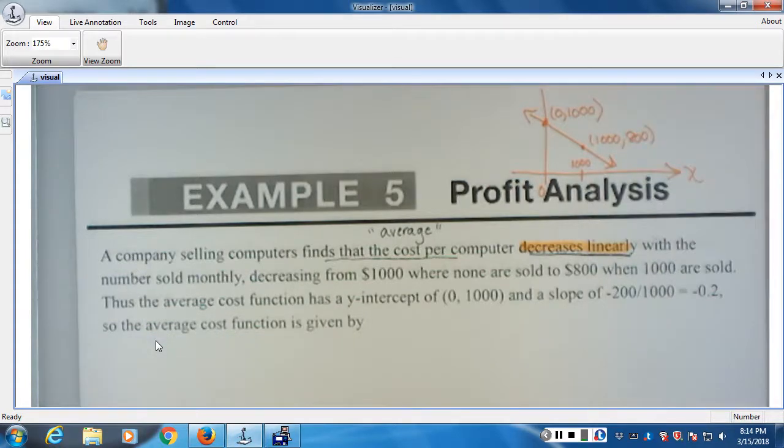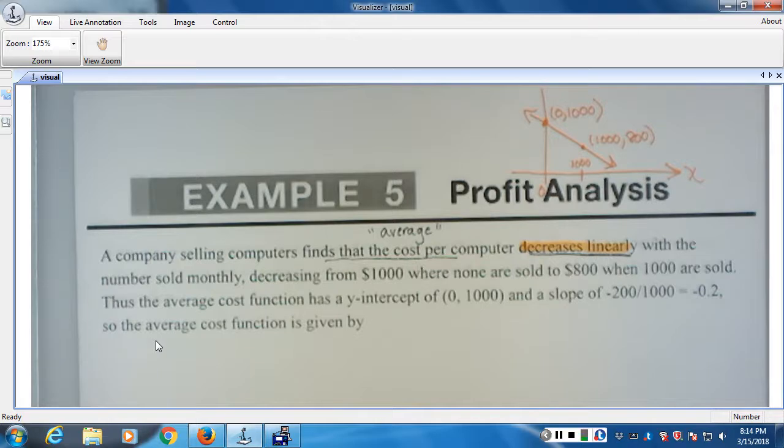And you know at some point, not too far past that, you're going to be hitting zero, which means that your cost is going to become negative, and that makes no sense. Keep that in mind. That means your cost function is no longer valid. So keep the common sense going.